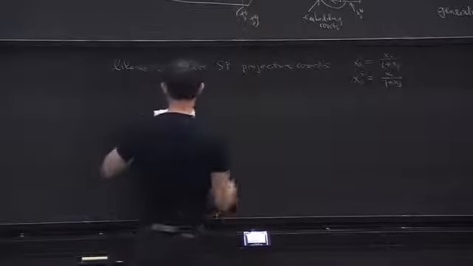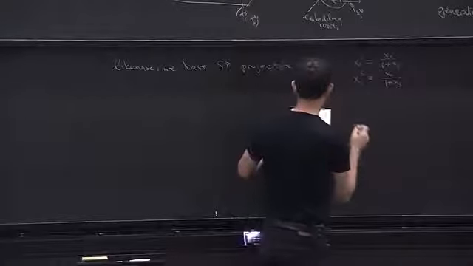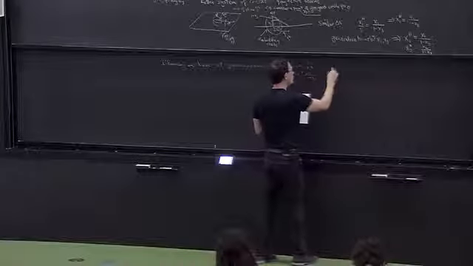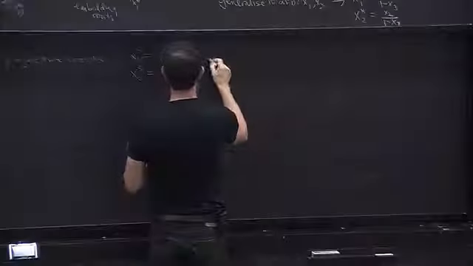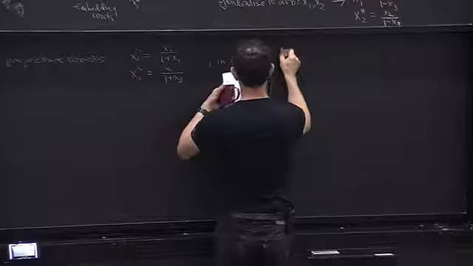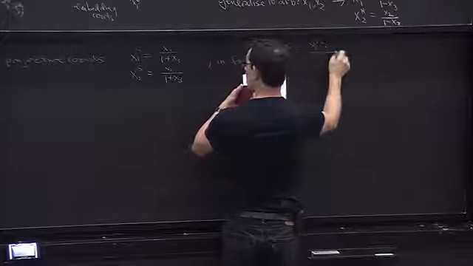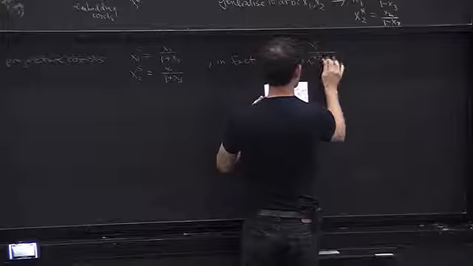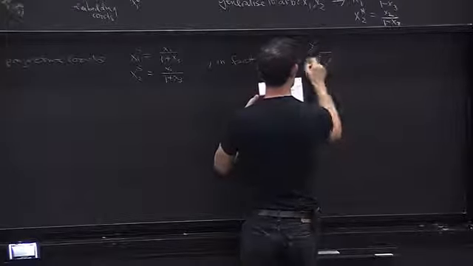And now what about the metric? Oh, we can express. So we have two sets of coordinates. We have north and south coordinates, and in fact, we have a relation that x1 north is x1 south over x1 south squared plus x2 south squared.